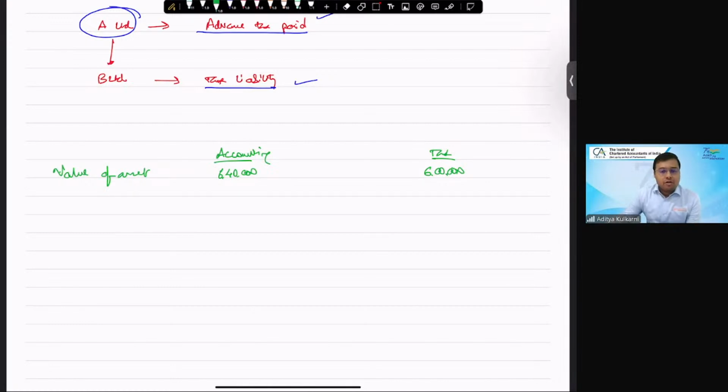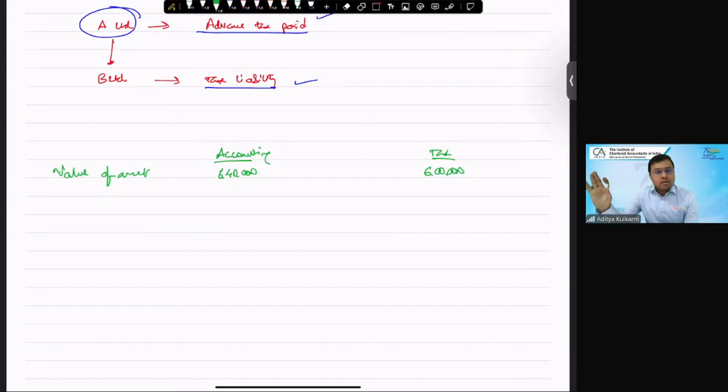So therefore, in accounting language, I have an asset worth 6,40,000 to be depreciated in the future. Agreed? But for tax purposes, I have an asset worth only 6 lakhs to be depreciated in the future.